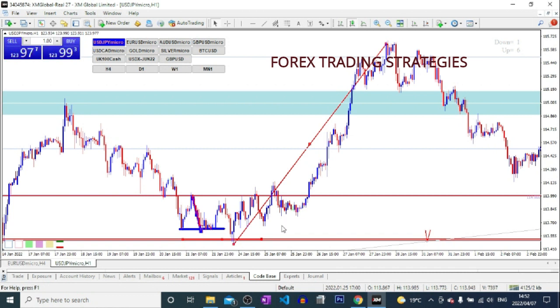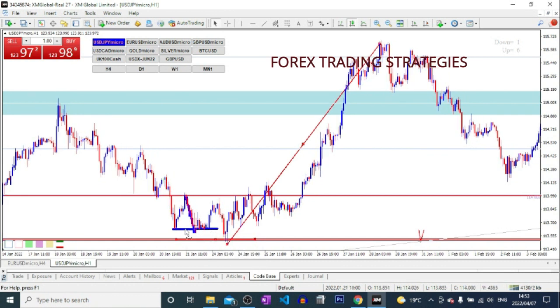So that's a basic explanation of what inducement is in trading, especially when it comes to trading supply and demand, support and resistance. Sometimes you are going to be induced to take what might have seemed like a good buy trade going this way, but here you were induced to go early into the market.